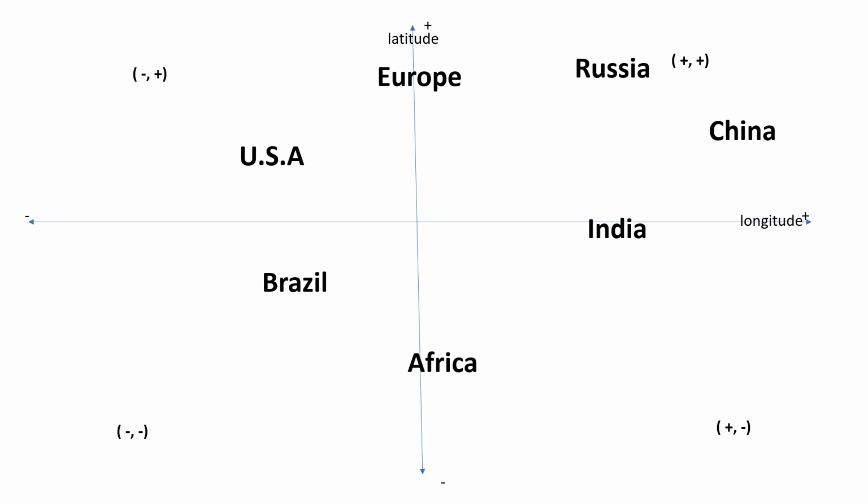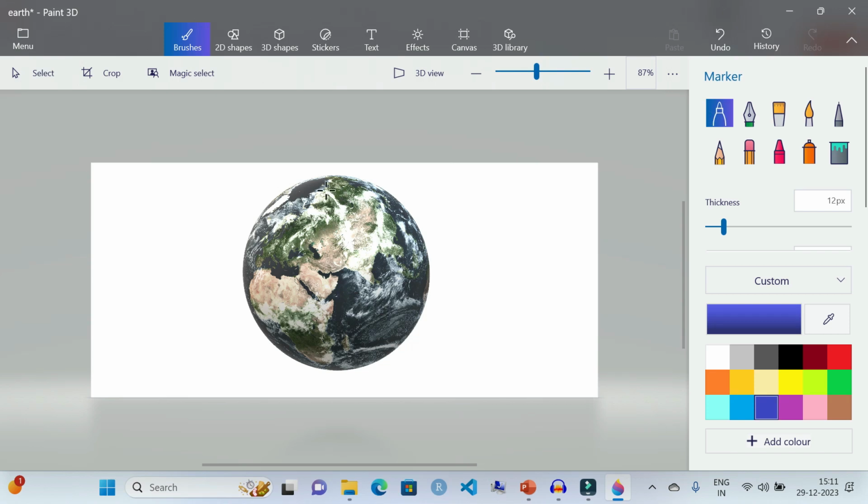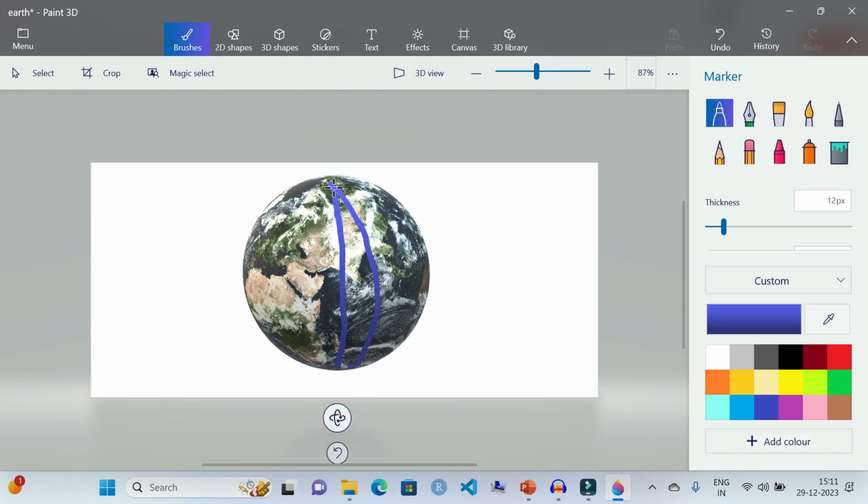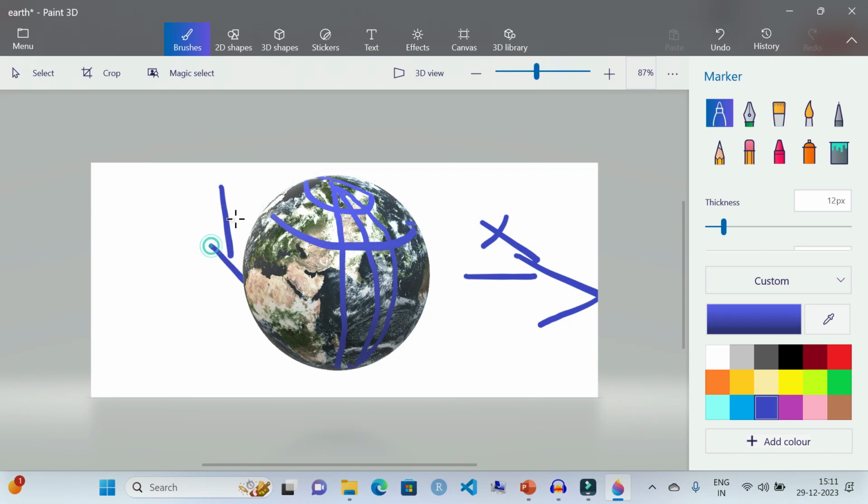If I draw the longitude and move toward this, this is the x-axis. That's why we write longitude on the x-axis, and latitude is the y-axis, vertical, not horizontal. Sorry. That's why we write latitude on the y-axis.